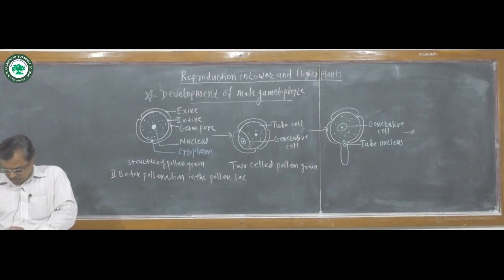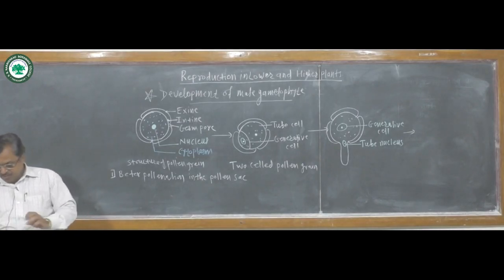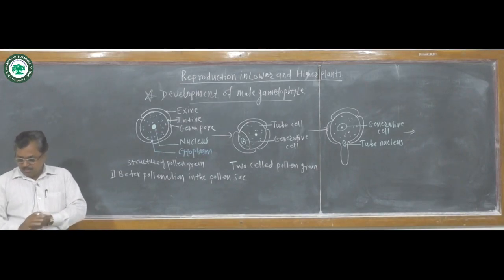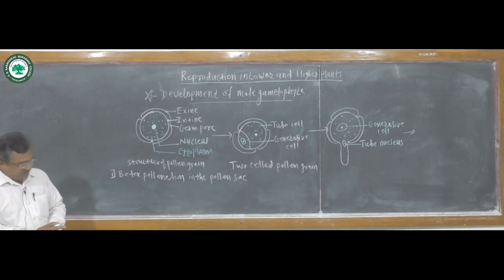While in situ, meaning when it is still enclosed within the pollen sac, the protoplast of the pollen grain divides mitotically to form 2 unequal cells, a smaller cell and a larger cell.